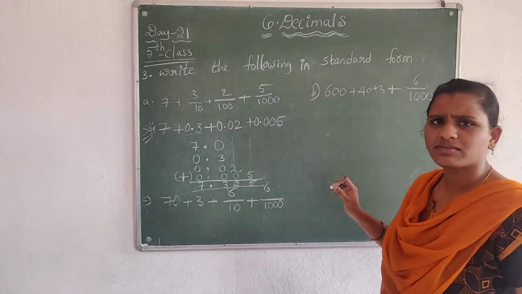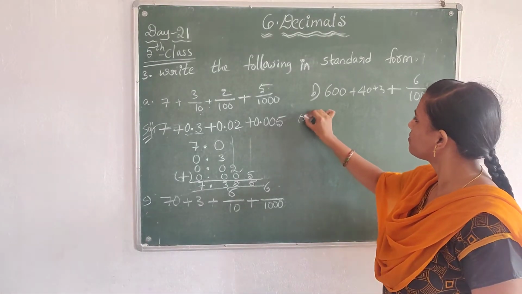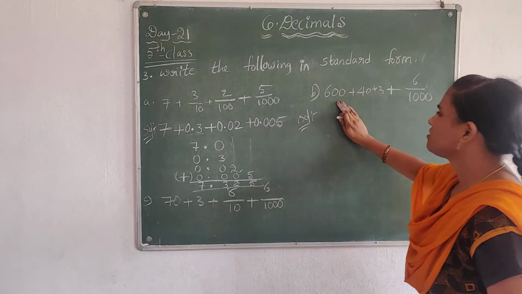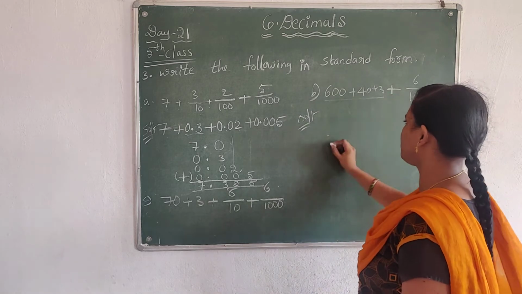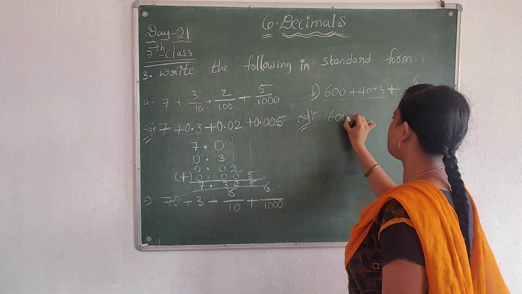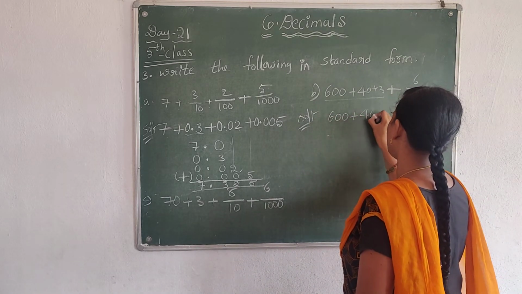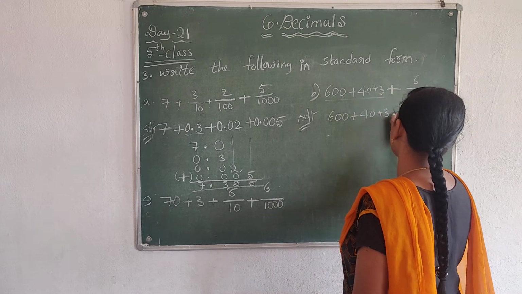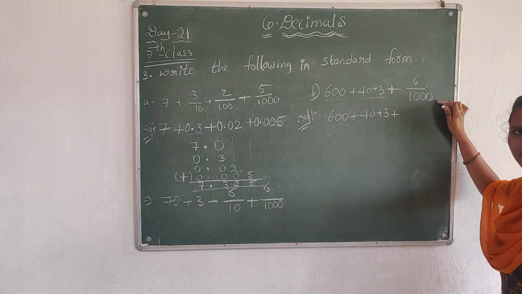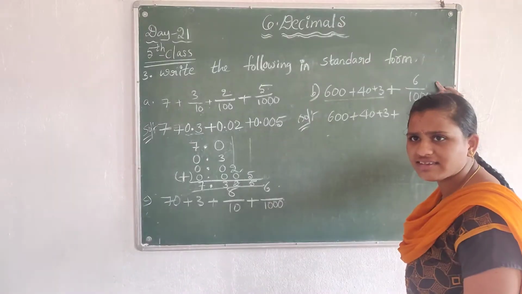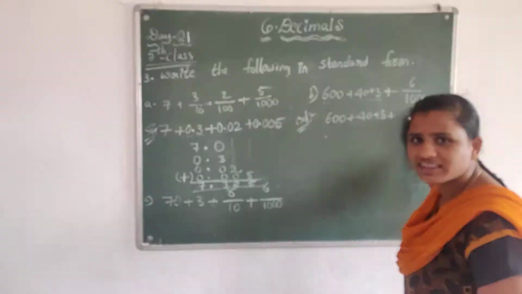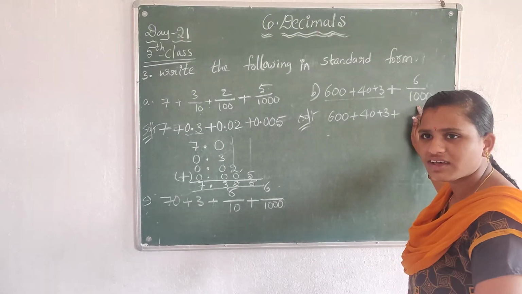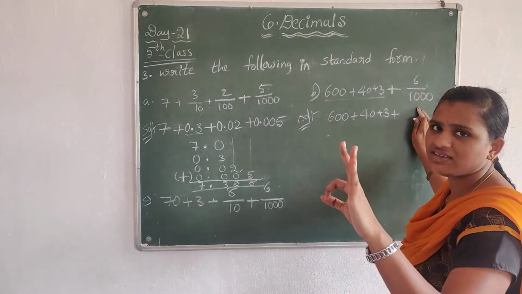Okay. Let's come to this sum. 600 plus 40 plus 3. First add these 3. Write down these 3. 600 plus 40 plus 3 plus 6 by 1000. How to write this 6 by 1000? See here, how many zeros are there in the 1000? 3 zeros.